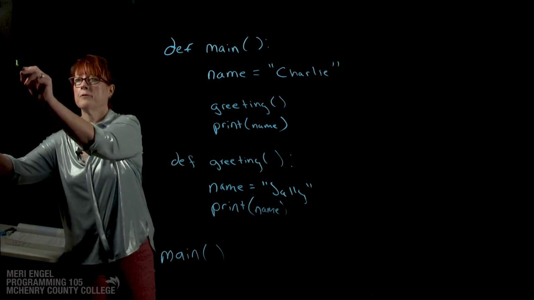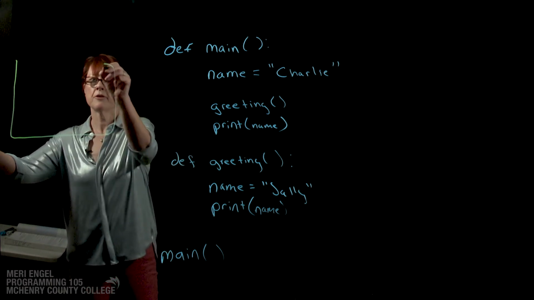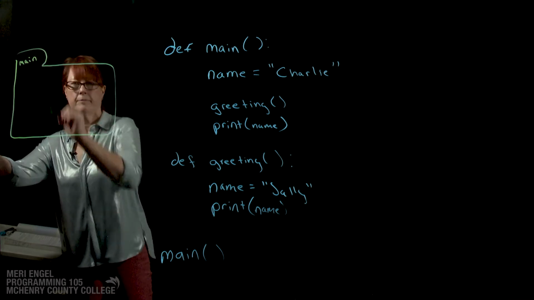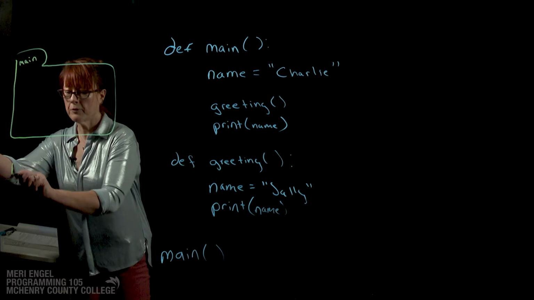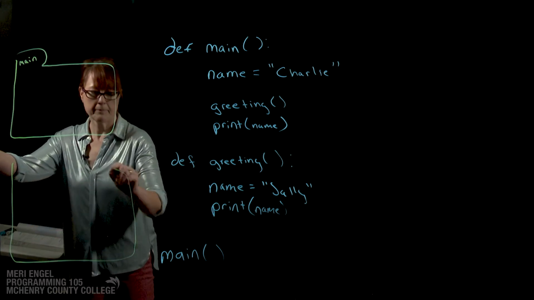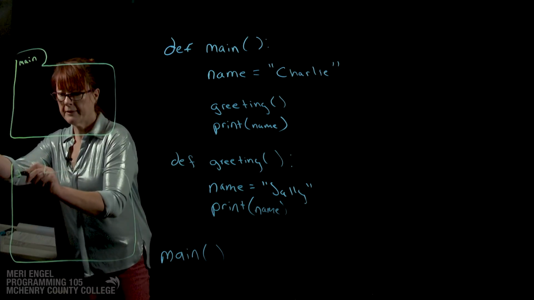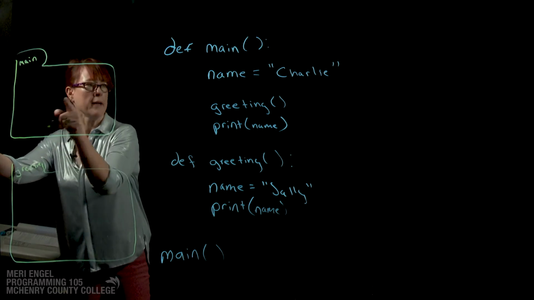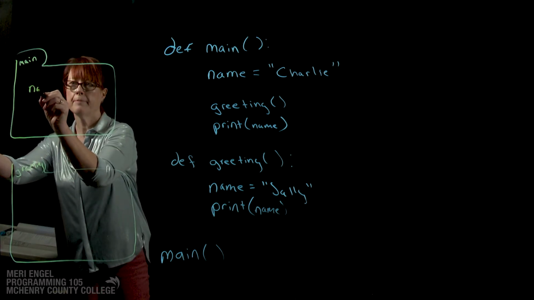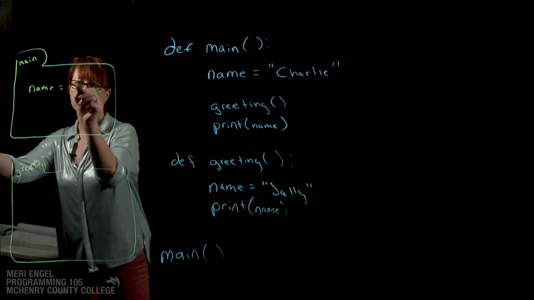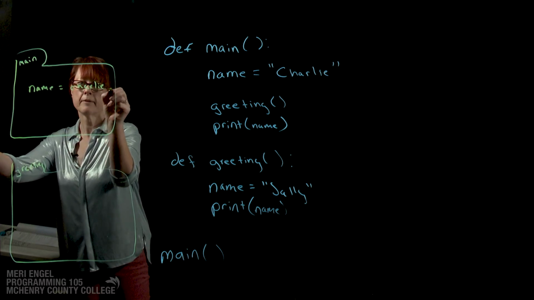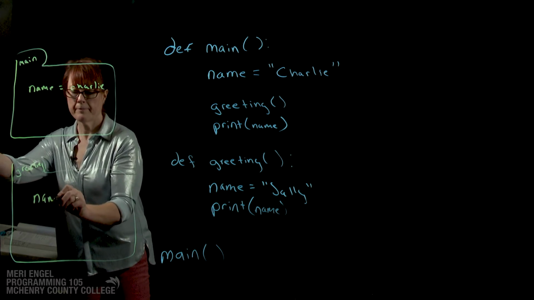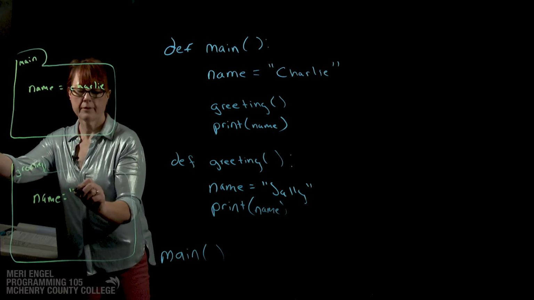We've got a file folder named main, and we have another file folder named greeting. Inside main, we have our variable name, and in our greeting, we have name equals Sally.